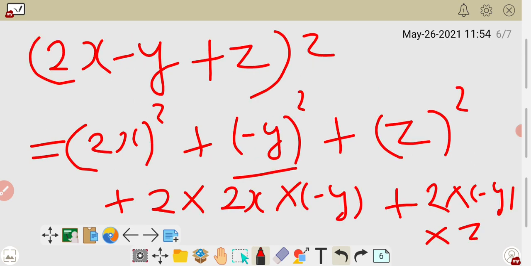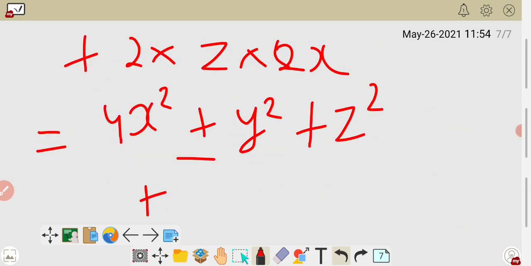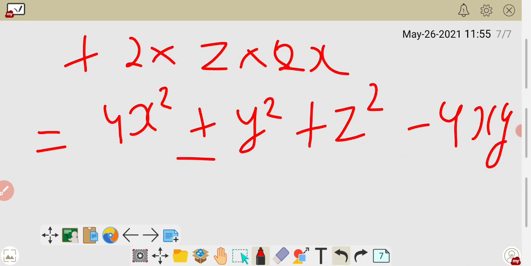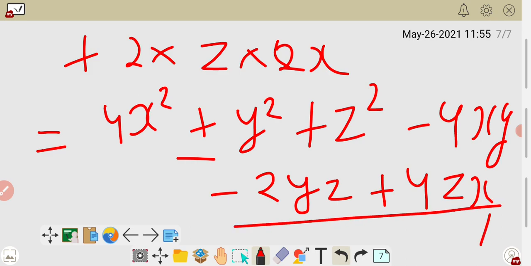Now plus 2ab, and 2 into 2 is 4, 4xy, and plus into minus gives minus 4xy, so write here minus 4xy. Now the next term becomes 2 into minus yz, that is minus 2yz. And finally you will get this term 2 into 2, 4zx. So it is your final answer.